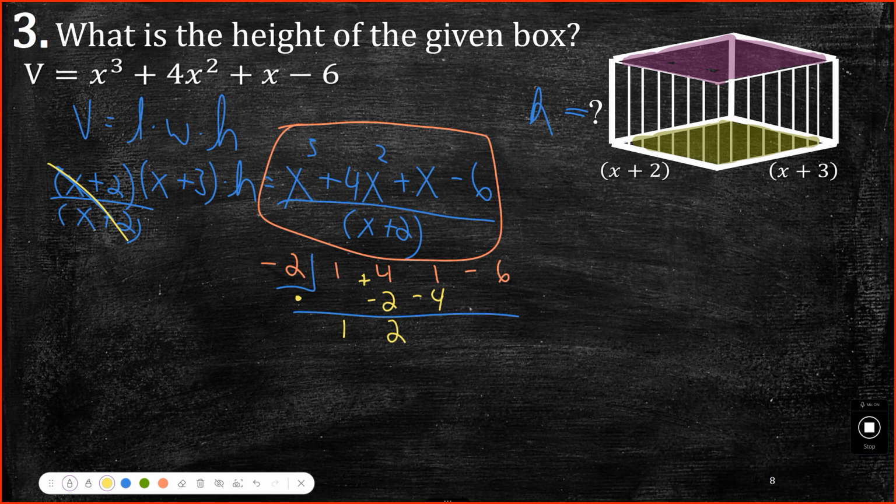And we add: 1 plus -4 is -3. -2 times -3, negative times negative, is +6. Add, there's a 0 remainder, good.